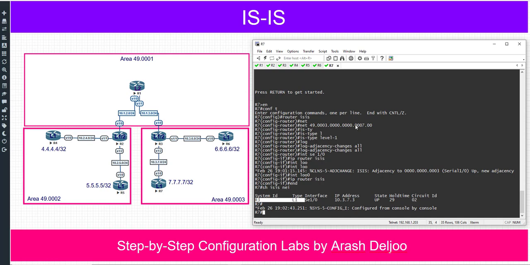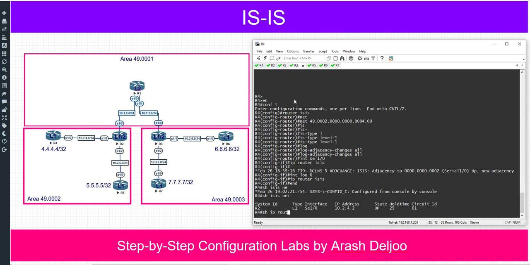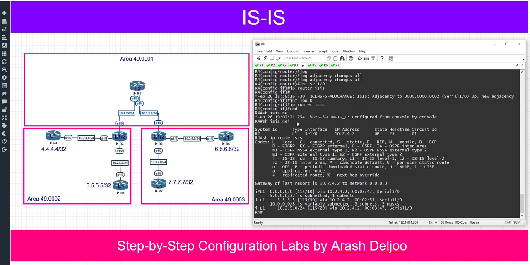Then let me show you the routing table of router 4 and router 5. We expect to see the routes of this area learned from ISIS or connected networks, and also one default route received from router 2. On router 4, show IP route ISIS shows we learned 5/32 with ISIS level 1, and also the 10.2.50.0/24 network from ISIS.